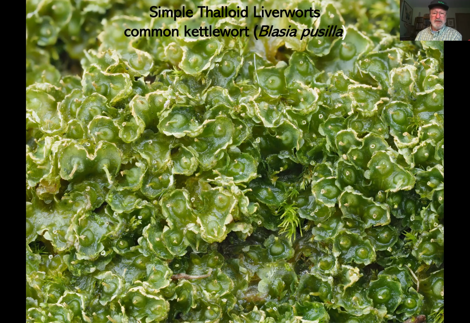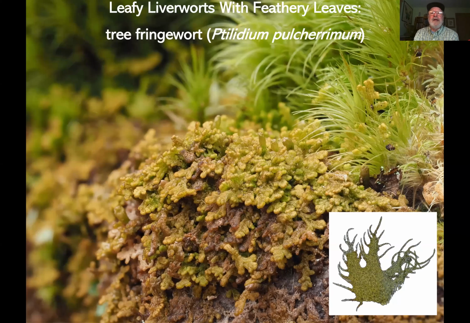Nitrogen-fixing cyanobacteria exist in colonies in the tissues of common kettlewort, helping it fix nitrogen, which is a very, very rare symbiosis that occurs in our area, at least, nowhere else in the plant kingdom except in hornworts. Who knew?